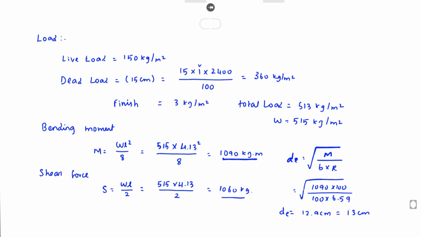Now we have to find out the main reinforcement, main steel. AST equal to 1090 into 100 divided by 2300 into A value, that is 0.903 into 13.